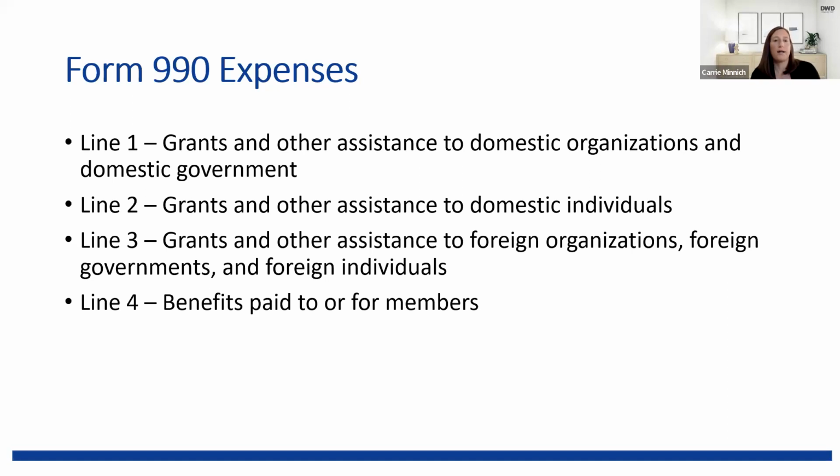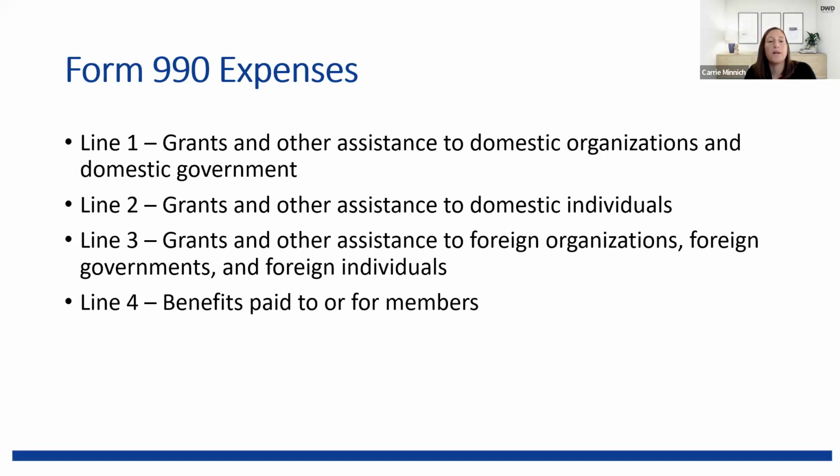So the first three have to do with providing grants and other assistance to individuals, organizations, or foreign individuals and organizations. So when we're talking about grants and assistance, this includes awards, prizes, contributions, non-cash assistance, cash allocations, stipends, scholarships, fellowships, research grants, and similar payments.